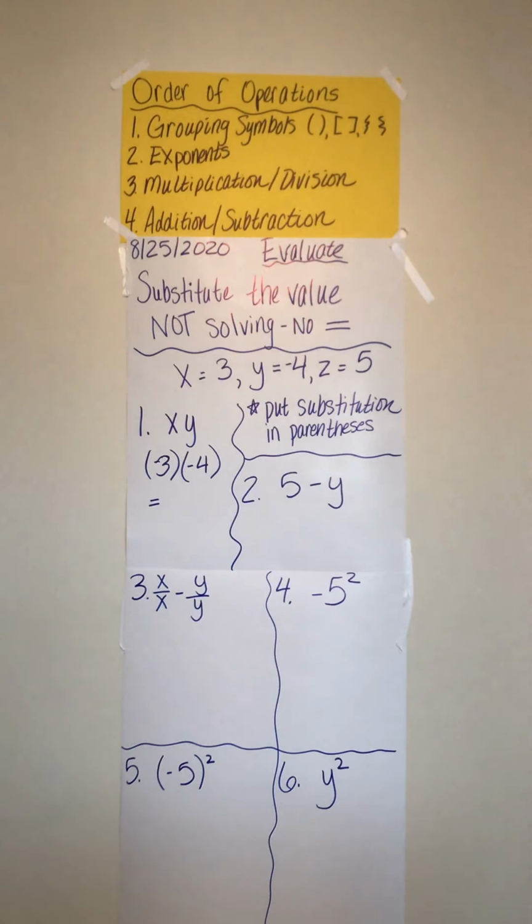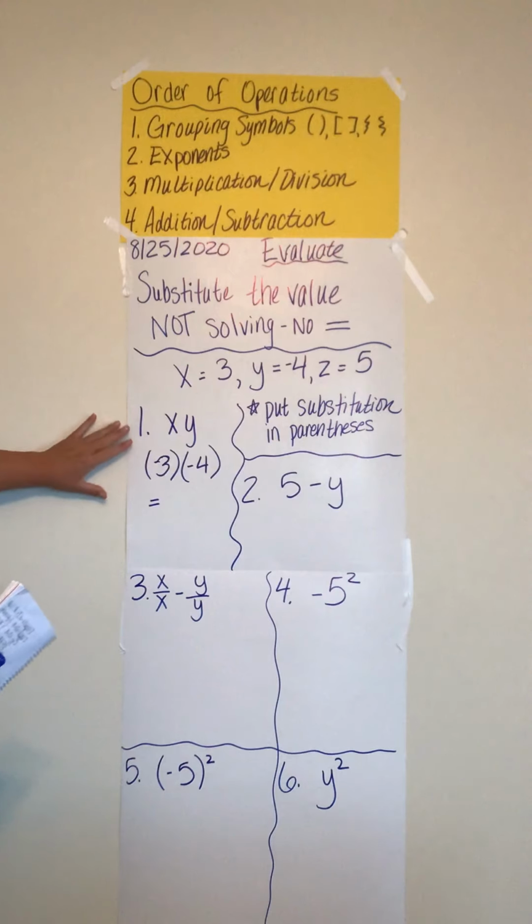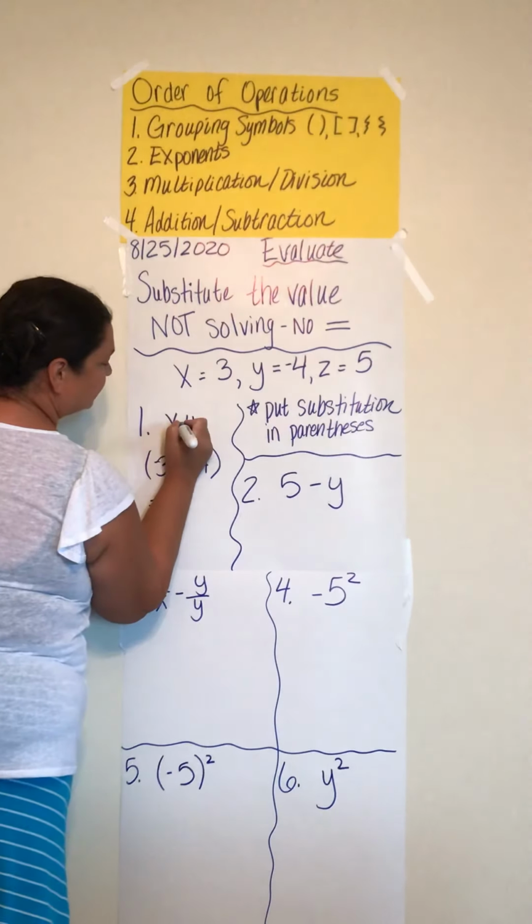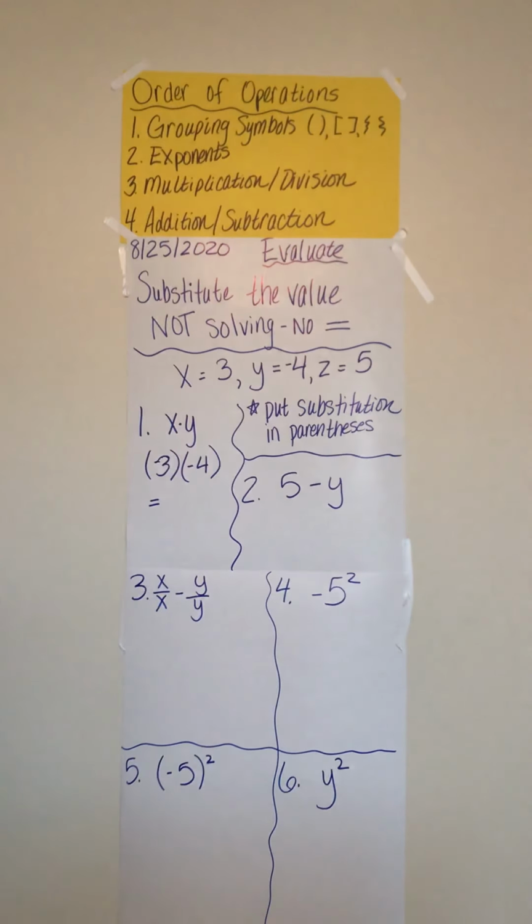My suggestion for this, so we don't get confused and we can just flow with the math problems, put all your substitutions in parentheses. So I did our first one for us already-ish. So number 1, XY. Now when we have two letters together, that order of operation is multiplication.